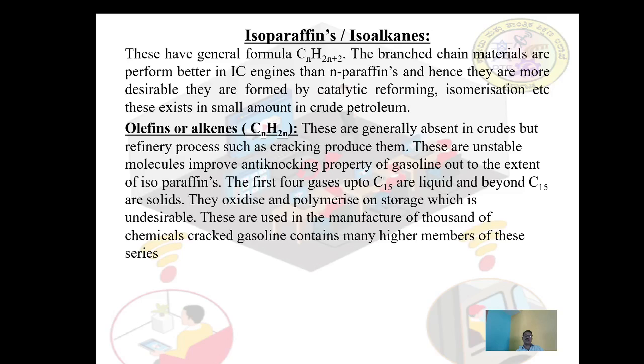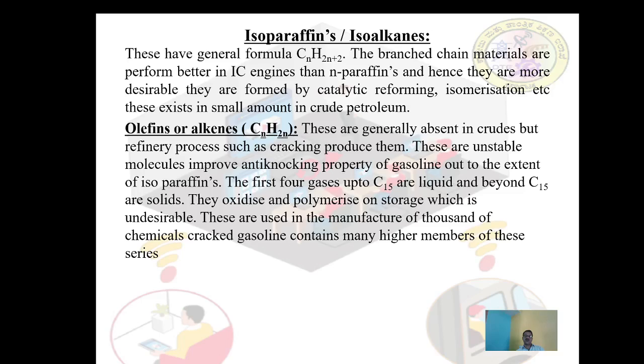The third composition is olefins or alkenes. The formula is CnH2n. These are generally absent in crudes, but refinery processes such as cracking produce them. These are unstable molecules, and improve the anti-knocking property of gasoline to the extent of isoparaffins.